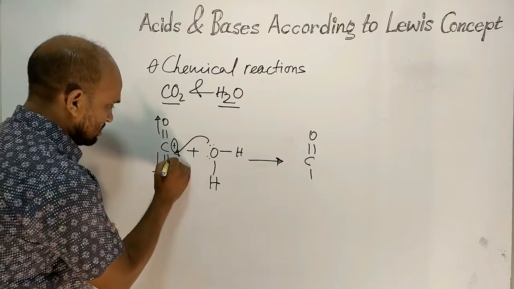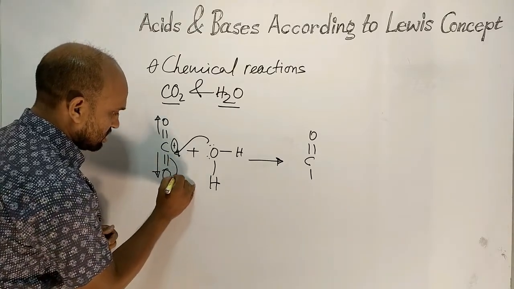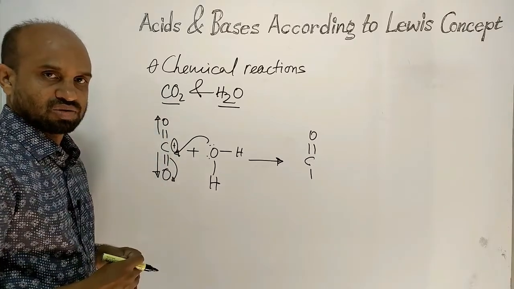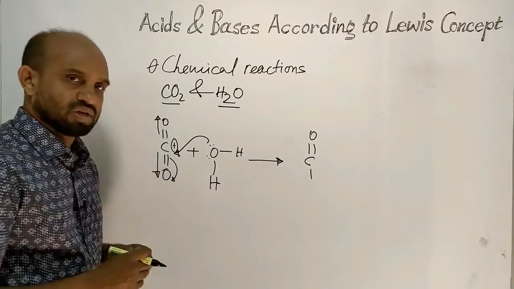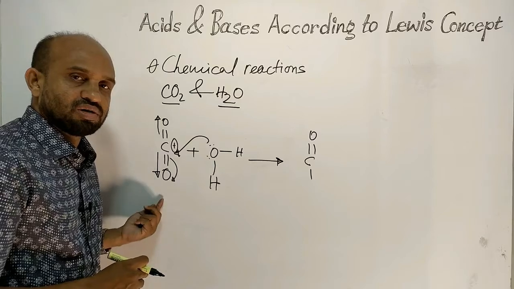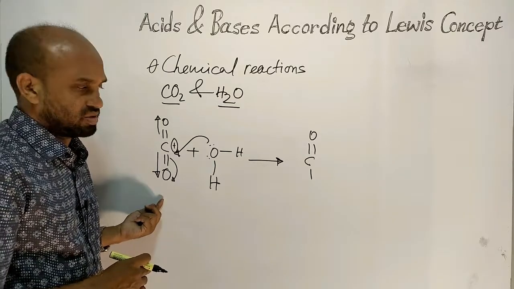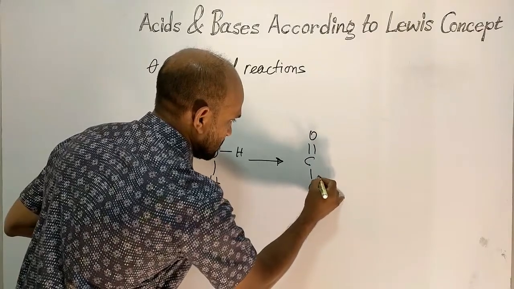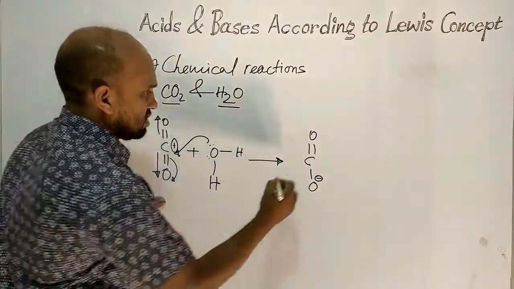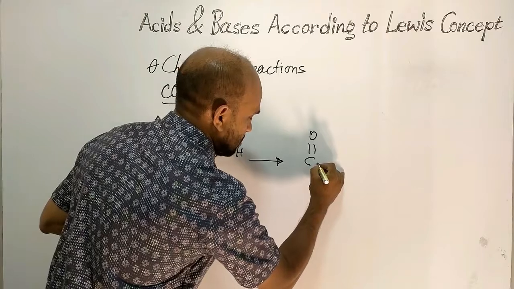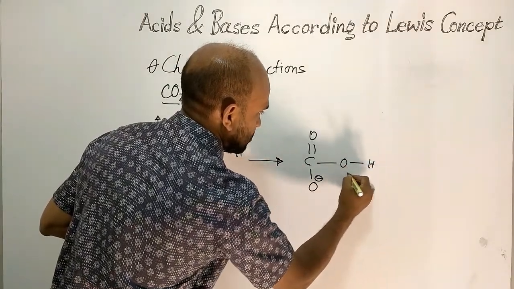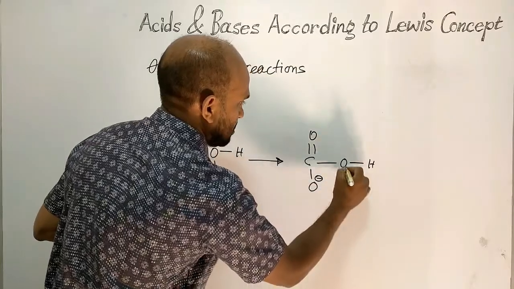As a result, these electrons turn into lone pair of electrons, that means bond pair of electrons turn into lone pair of electrons in this way. That is, here oxygen with negative charge and carbon bonds with oxygen, here hydrogen, here hydrogen.